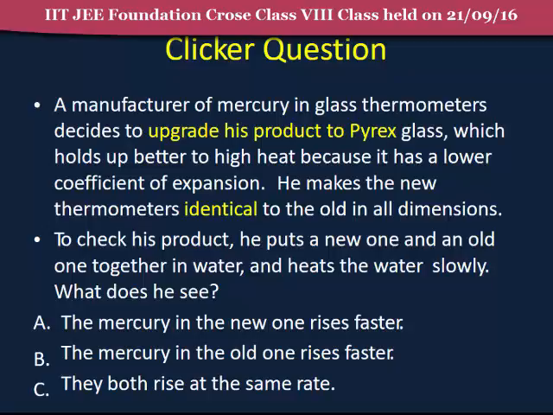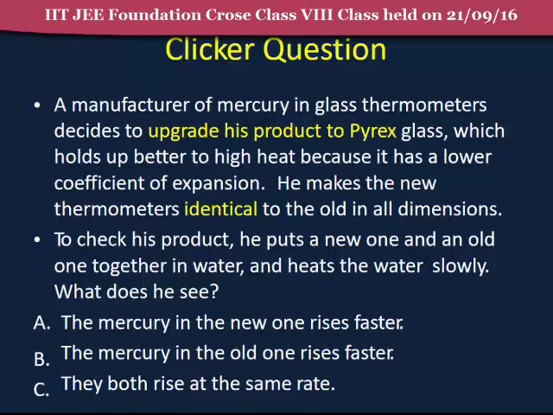So the manufacturer of the mercury glass thermometer decided to upgrade his product with Pyrex glass, which holds up better to high heat because it has a lower coefficient. He makes the new thermometer identical to the old thermometer, all dimensions the same. He checks his product together in water, heating the water slowly.